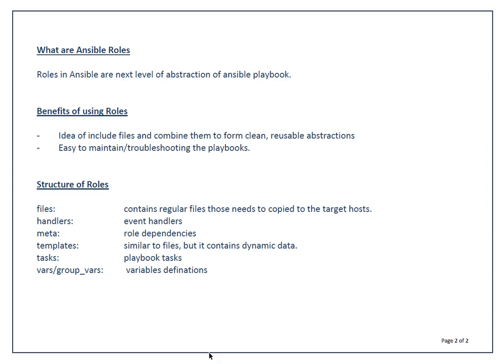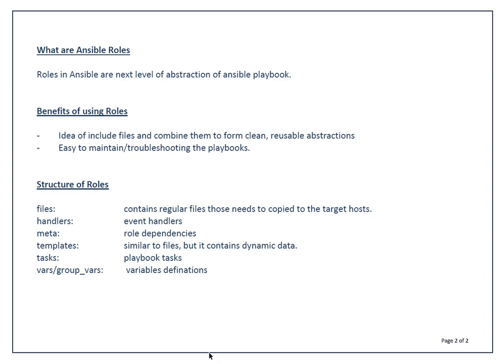So assume you have two roles, one is a database server, one is an application server. You want database services to be started or configured first, then the application server. So you can set dependencies inside meta. Templates: a template is similar to files, only the template contains files that have dynamic data.